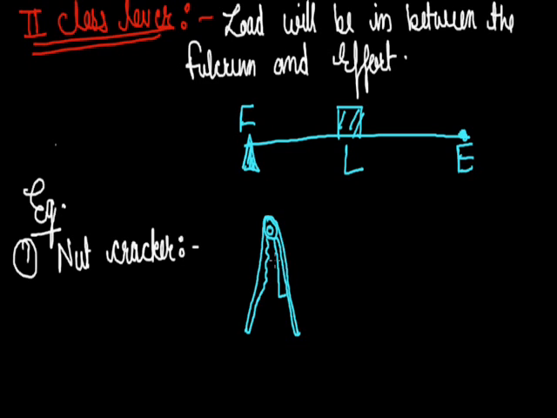The nut is placed in between the blades of the nutcracker, and these blades move along this point. So this is known as the fulcrum. This nut will act as load, and we apply effort from this side. So in this case, the load is in between the fulcrum and effort. So nutcracker is an example of second class lever.